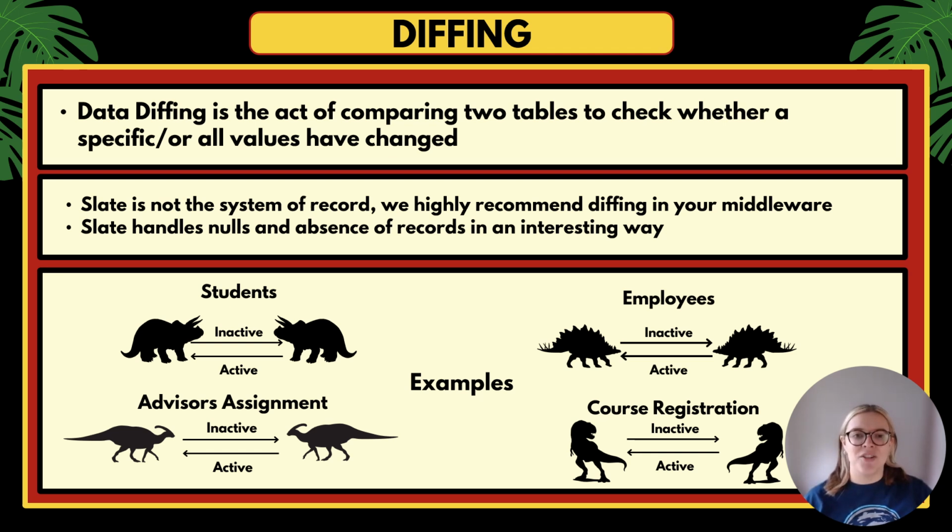Now here's the catch. Slate is not a system of record. It's a reflection of data from somewhere else, like Banner. And Slate handles nulls and missing records in very interesting ways. It assumes that nothing has changed. It can be a little unpredictable, kind of like the dinosaur that doesn't show up on thermal cameras.